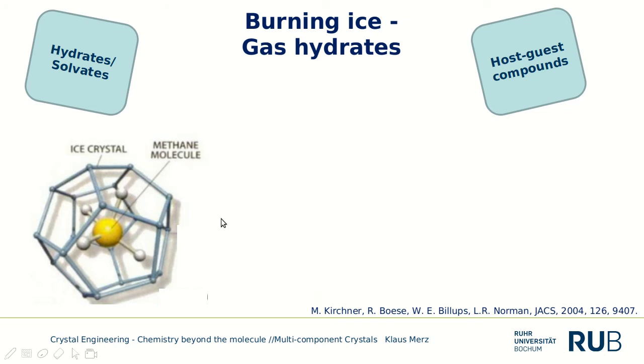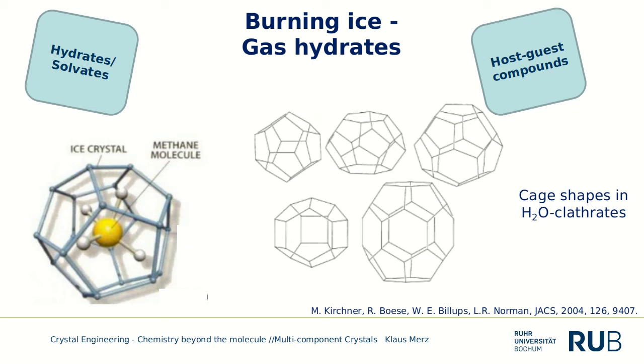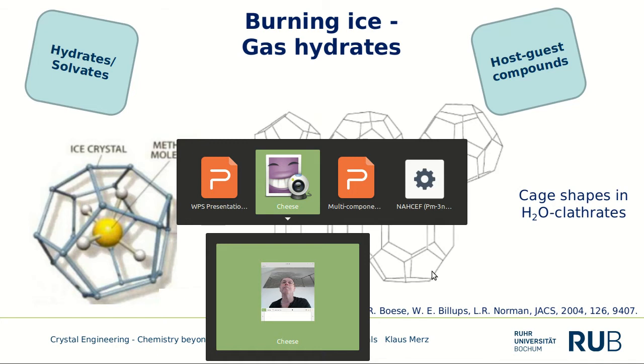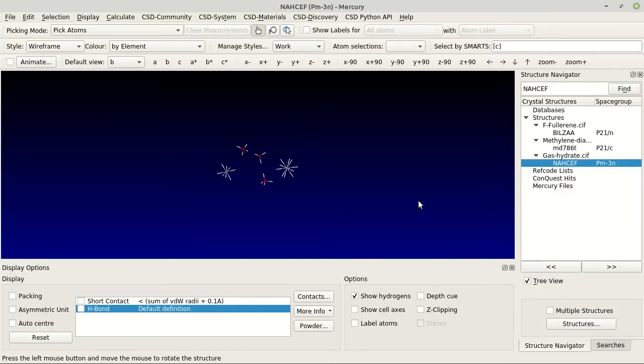I will show you, you can substitute methane with some other alkanes. And depending on the alkane, you will get different cages. Have a look at Mercury. Well, if you open a gas hydrate in Mercury, you will find such a picture.